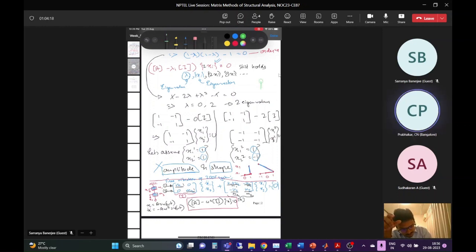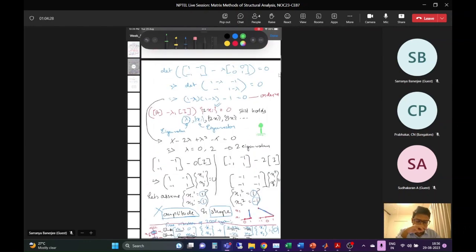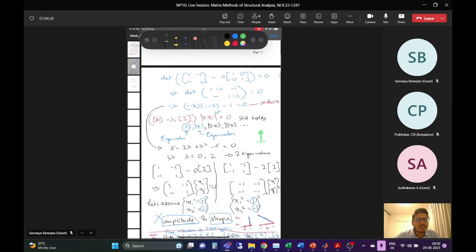Why a big mass on the top? Just to ignore the variation of mass of the steel ruler. Assume that the steel ruler has no mass. So the steel ruler is massless, but it will give you a stiffness in the horizontal direction, and this is the mass.